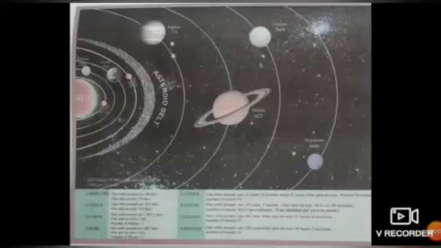Okay students, as you can see in the picture, the distance of the planets from the Sun. Mercury is 58 million kilometers away from the Sun. Mercury takes 88 days to complete one revolution around the Sun, and it takes 59 days to complete one rotation.